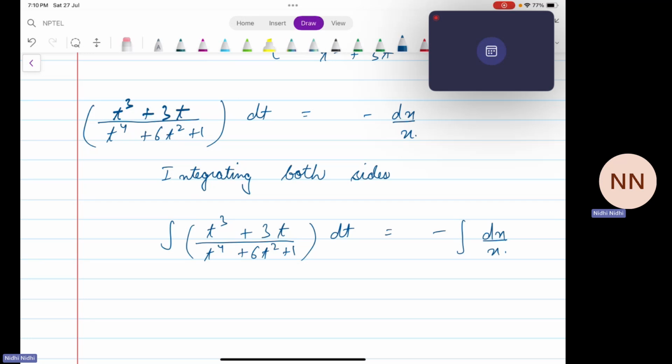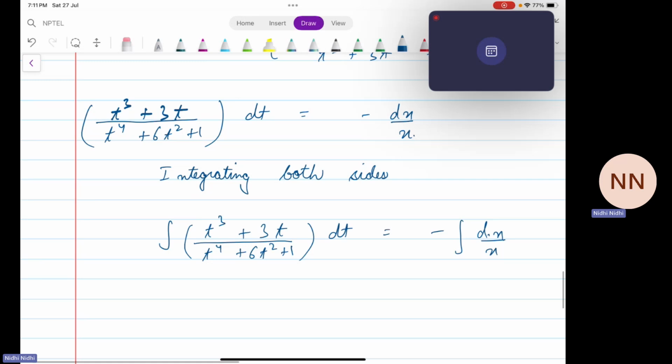Now here in the denominator we have x, in the numerator we have 1, so easily its integral is log x. And on the left hand side we can see that the denominator is t power 4 plus 6t square plus 1, and its derivative would be something like 4t cube plus 12t. So in order to get the numerator in the form of the derivative of the denominator, we would just multiply and divide it by 4.